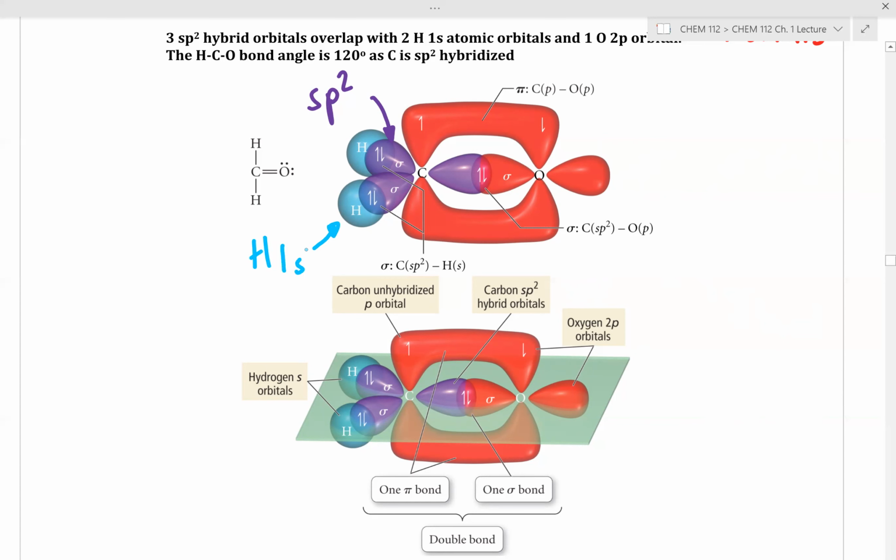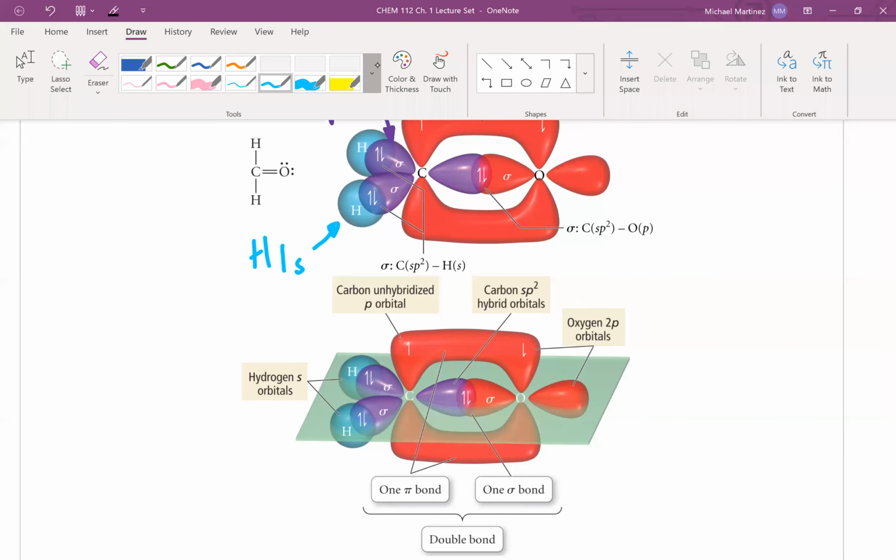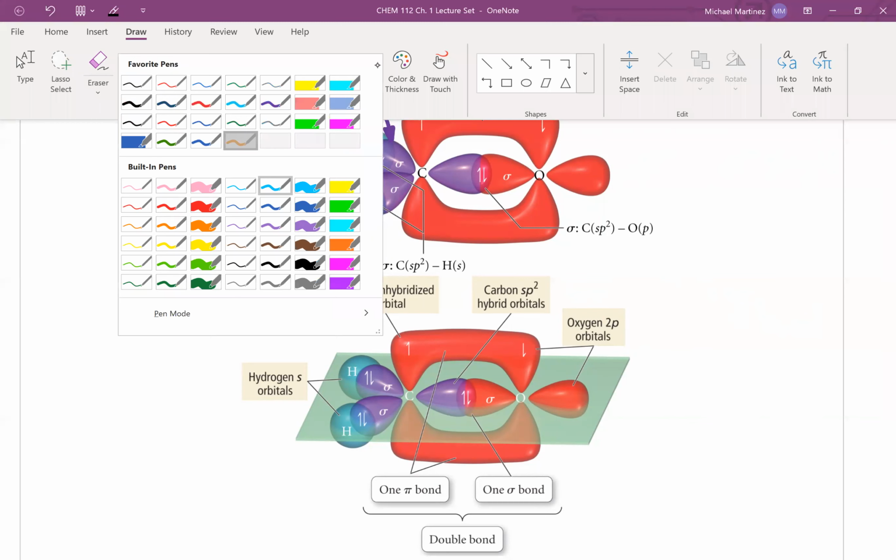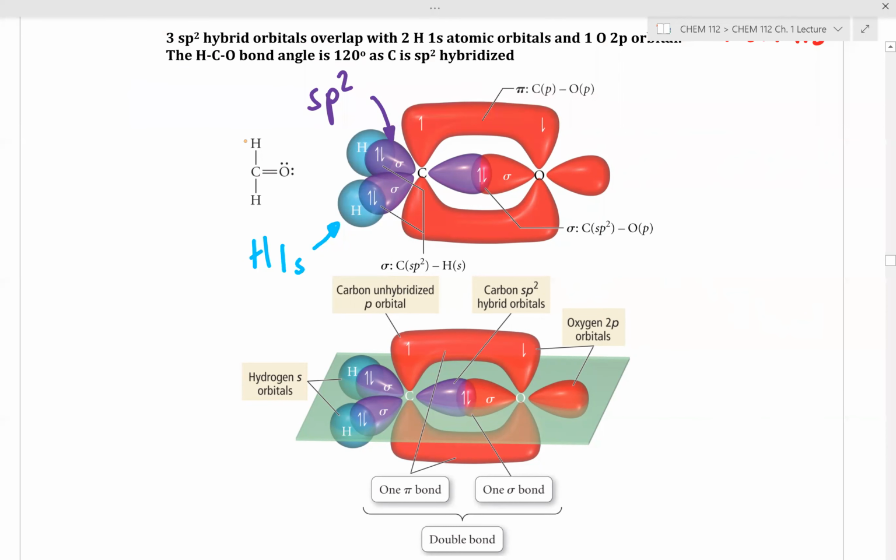Perfect. Now, because carbon has an sp2 hybridization, this carbon has a leftover p orbital. And that leftover p orbital is going to be used to form a pi bond. So the first orbital being used in this pi bond is a carbon 2p orbital.